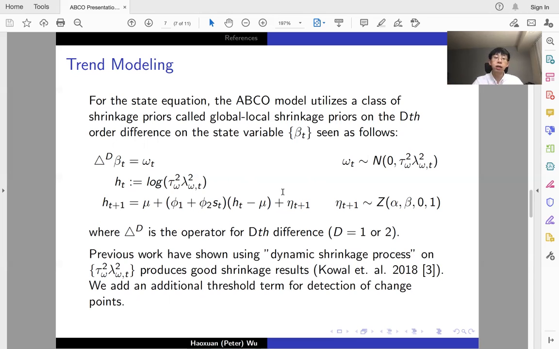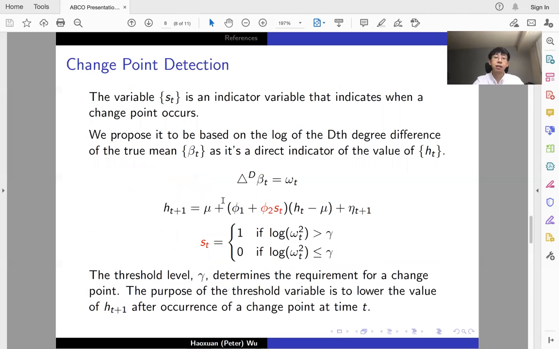The key extension here is the term phi squared s t in the equation, where s t is an indicator variable that indicates when a change point occurs. We propose it to be based on the log of the difference of the true beta t. Essentially, if beta t exceeds a certain threshold, gamma, estimated through the model, then we flag it as a change point.